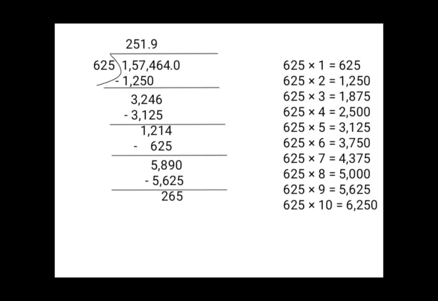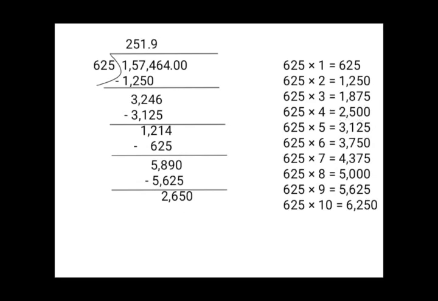Then one more 0 you have to take on the dividend, and then bring that 0 down. 625 4s you have to take now. That is 2,500. 625 5s are 3,125. 3,125 is greater than 2,650. So the last small is 625 4s are 2,500.